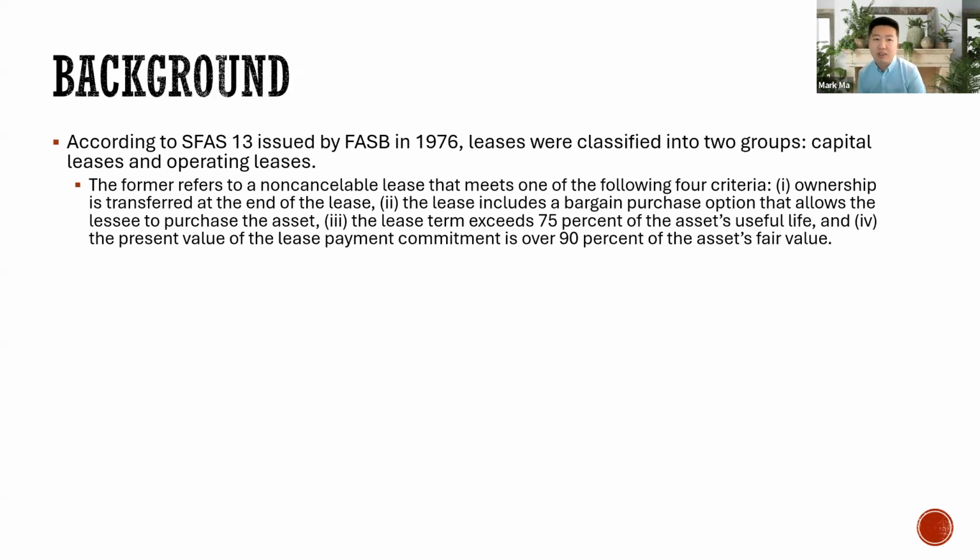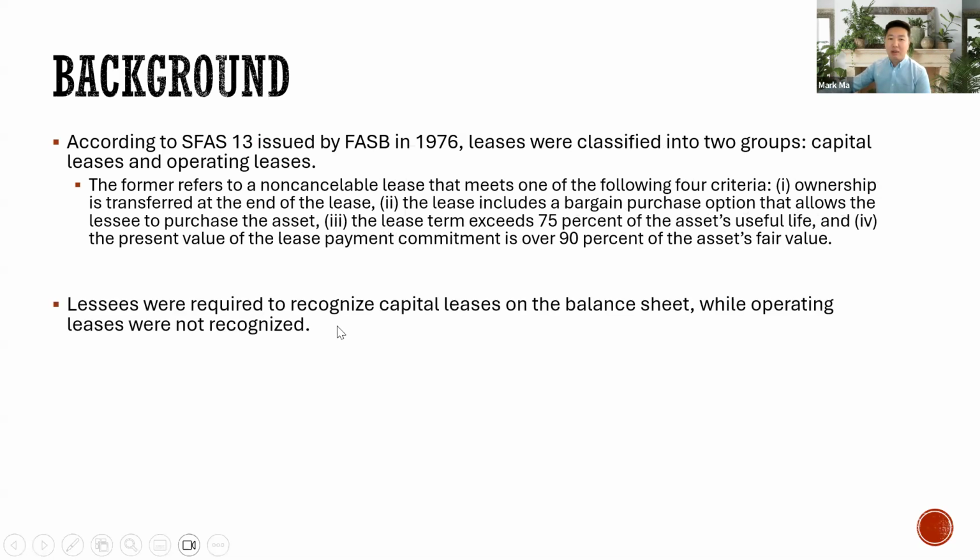For example, if the lease term exceeds 75% of the asset's useful life, it should be classified as a capital lease. So if the lease term is 74.999%, it's an operating lease. Otherwise, it's a capital lease, right? There's a big difference even though it's a small percentage change in the lease term.